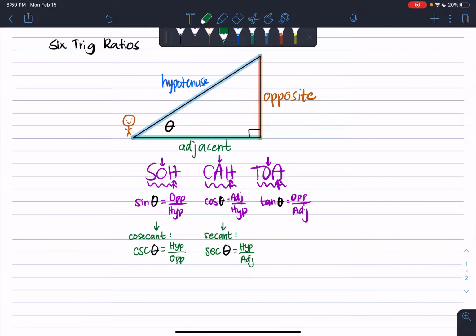And finally, the reciprocal of tangent will give us cotangent. And again, we just take the reciprocal and we're going to use the 3 letters COT for cotangent of theta is equal to adjacent over opposite.